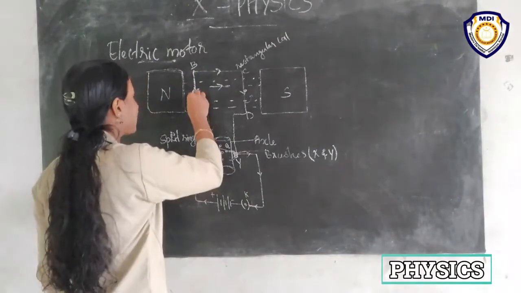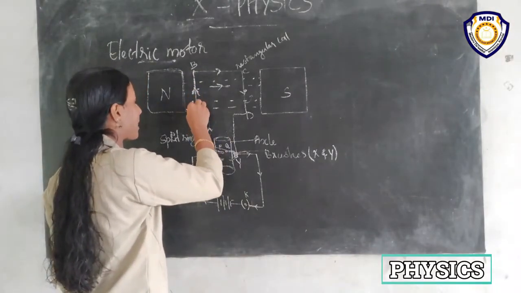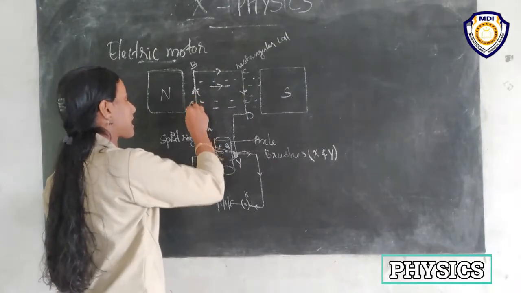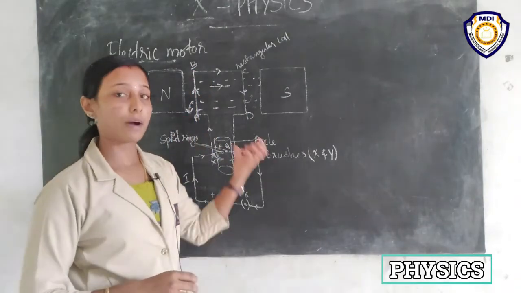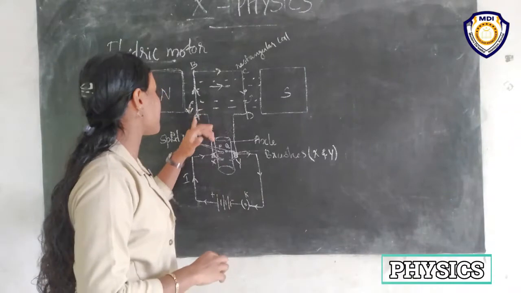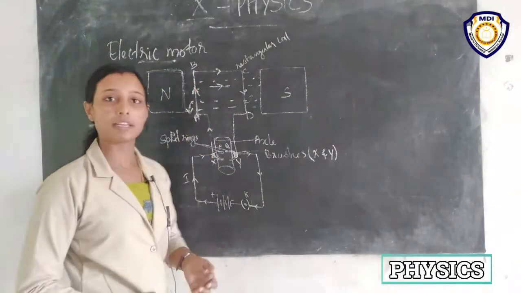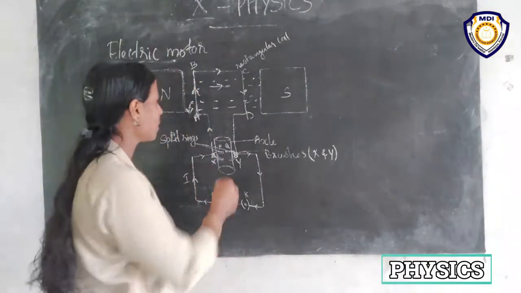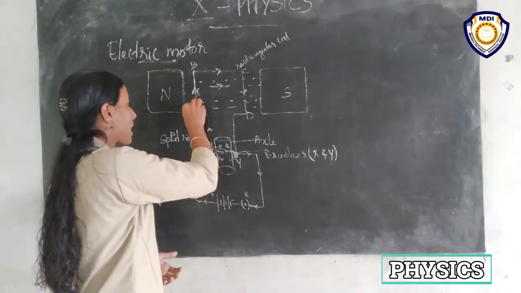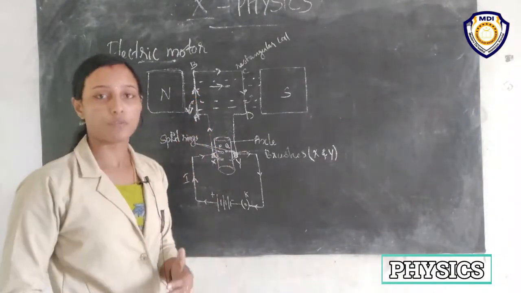So the side AB of the armature experiences a downward magnetic force.